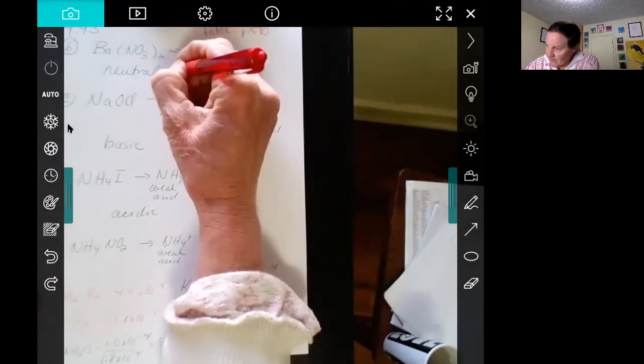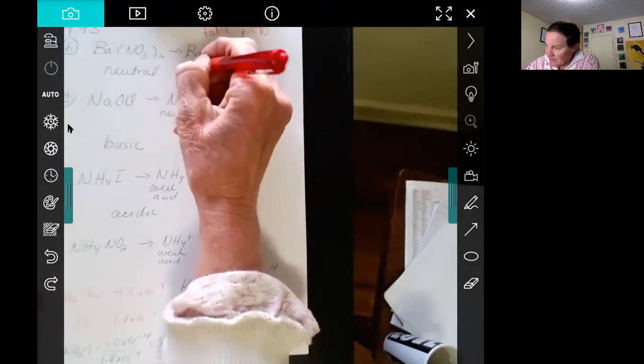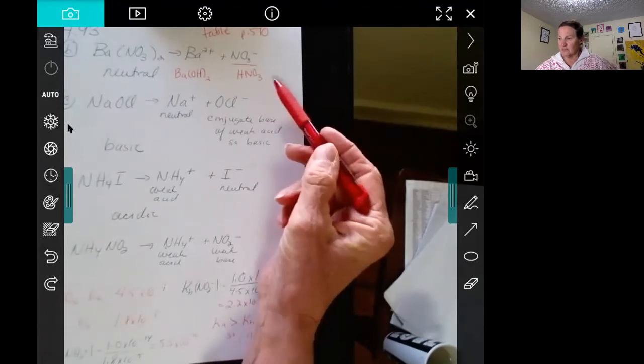Barium you can think of as the conjugate acid of barium hydroxide. If you dissolve barium hydroxide, it's a one-way street. All of it dissociates, which means barium is not going to pick up OH minus and make the solution acidic. So each of those is neutral, so the overall solution is neutral.